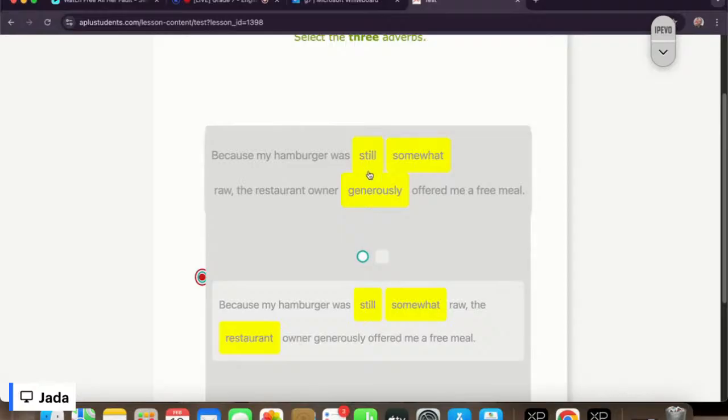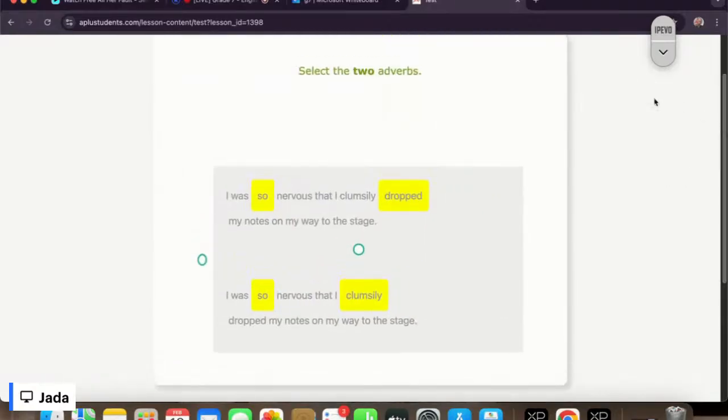Okay, so we have the first one. So select the two adverbs here.